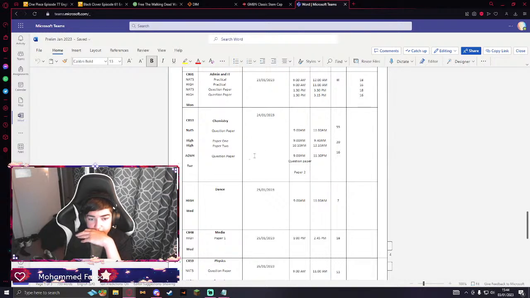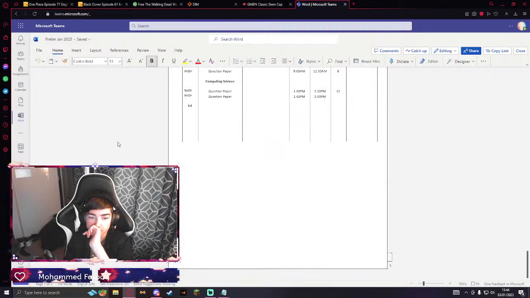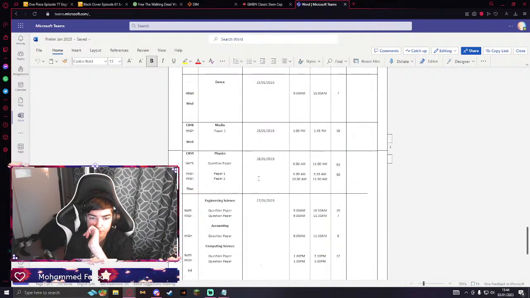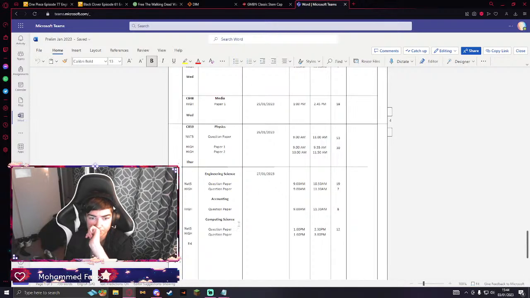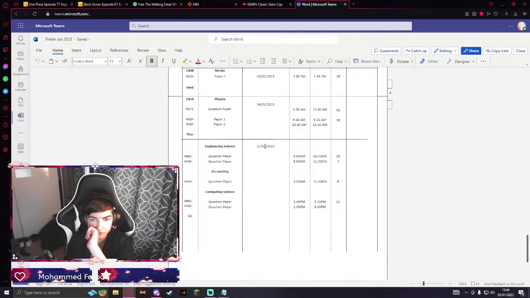Chemistry's quite late on. That's good for me because I'm not the greatest at chemistry. Doesn't mean I'm bad at it though. I can study chemistry fine. And then computing must be another page. I think computing's the last of the last ones though. Oh no, yeah, there it is. Computing's on the 27th.